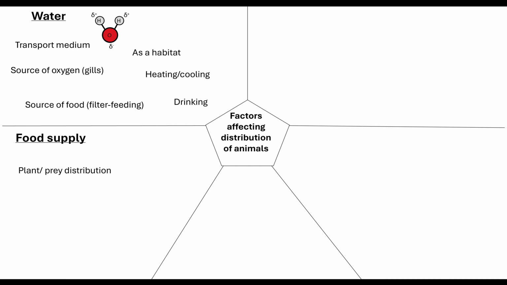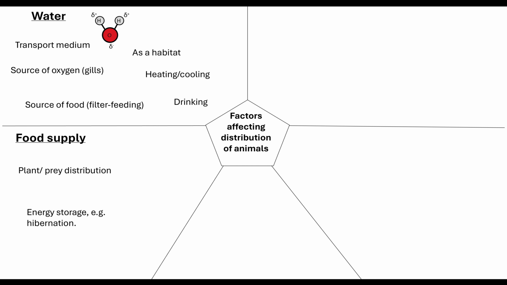Food supply, that's going to affect where we find the animals. Plants, obviously, or prey, and their distribution will affect where we find the animals that feed on the plants or the animals that become the prey for the consumers. So we have that energy storage, the food supply for hibernation. Right now we're in winter here, and the leaves are being dropped. We've got a lot of leaf litter and it's getting very cold.